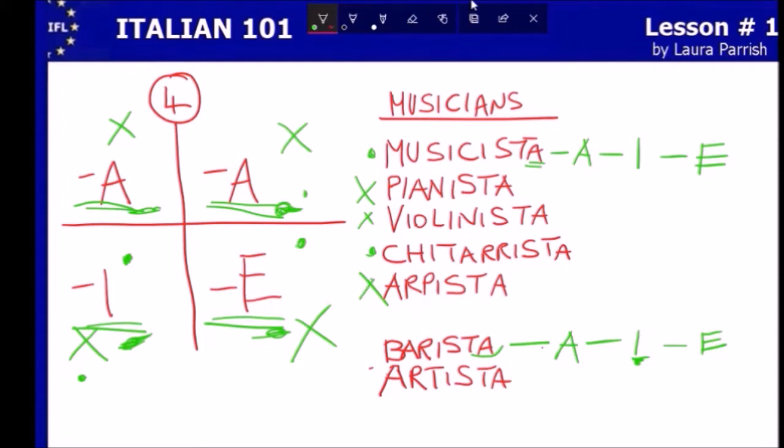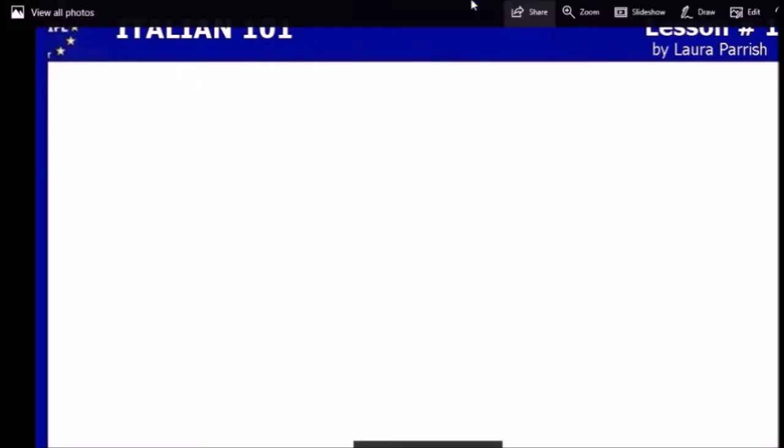This one, arpista, arpisti, arpiste. Okay, so let's say that we end here because otherwise we're gonna take 3 hours for this lesson.